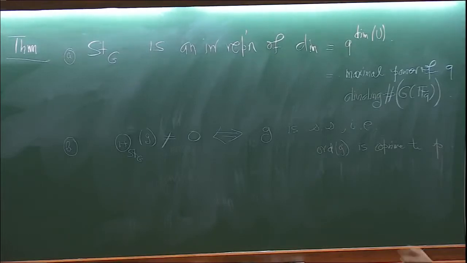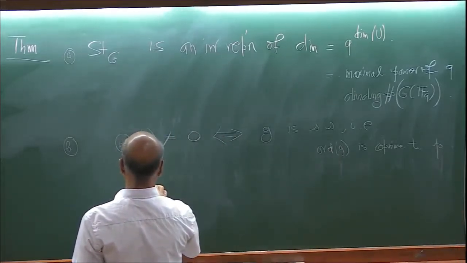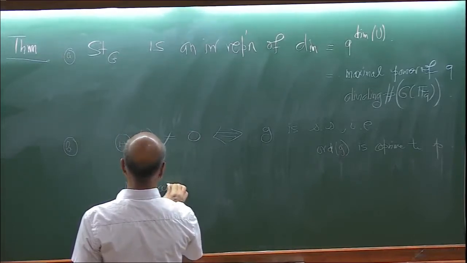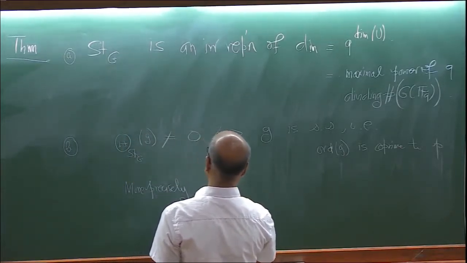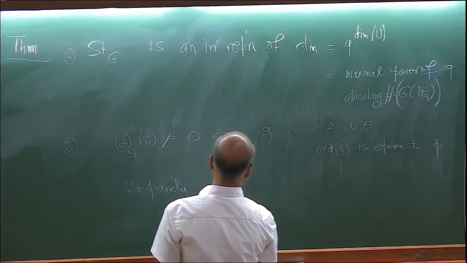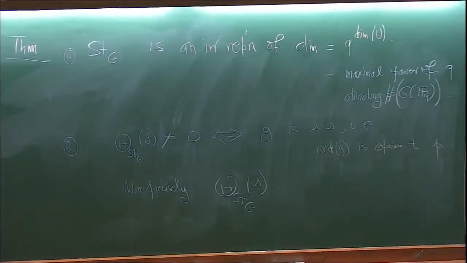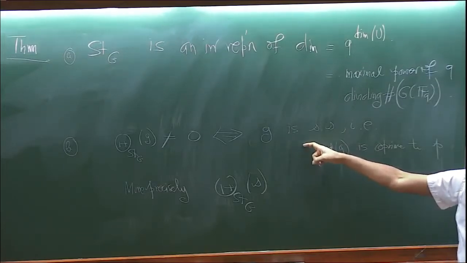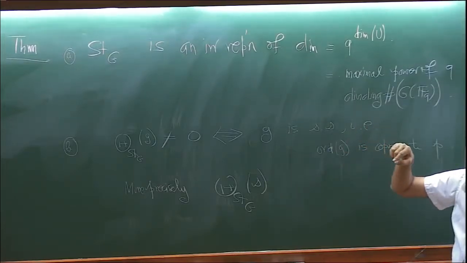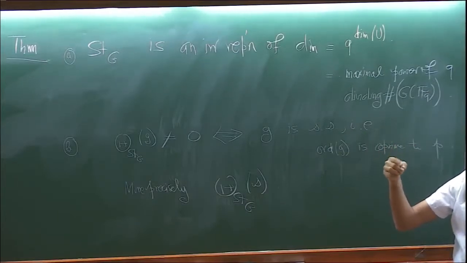And more precisely, the character of the Steinberg of G at... Semi-simple elements are those elements which are diagonalizable. So they belong to the diagonal, and by definition, the diagonal elements belong to F_Q bar star.